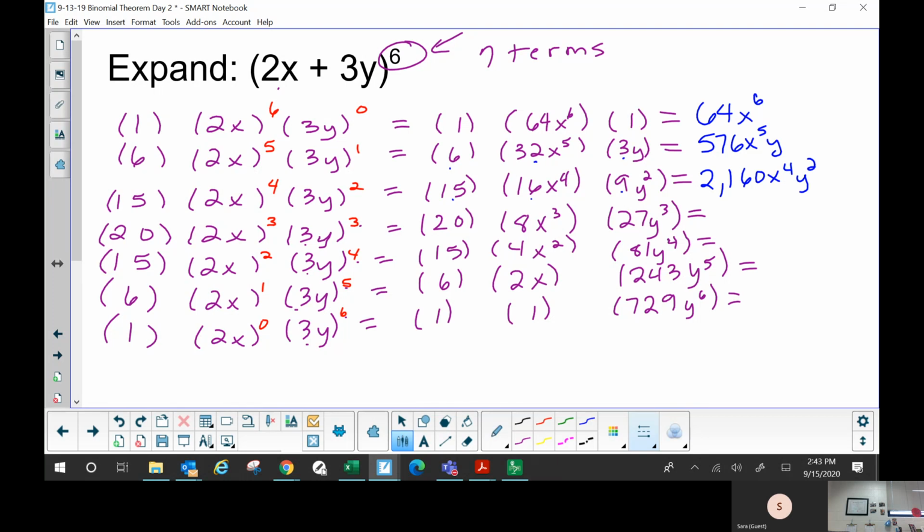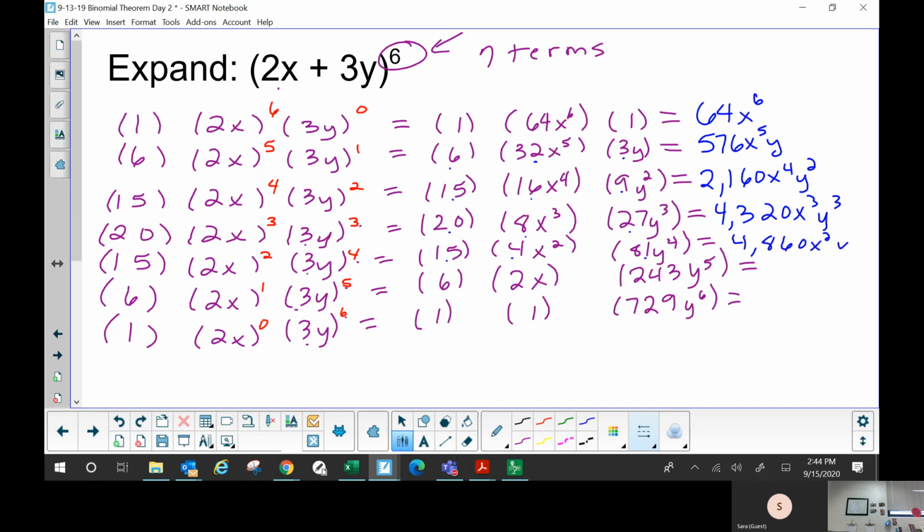All right, what is 20 times 8 times 27? 4,320. And then you have x cubed y cubed. What's 15 times 4 times 81? 4,860.